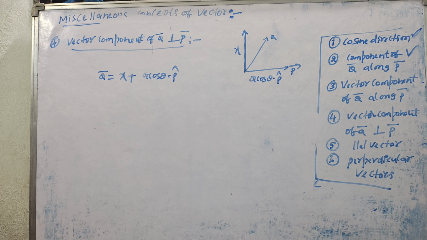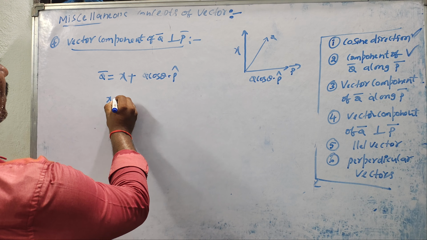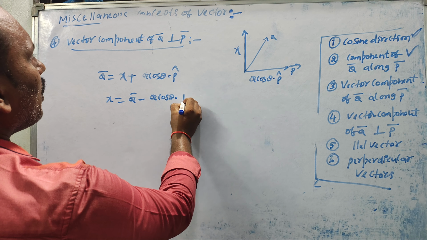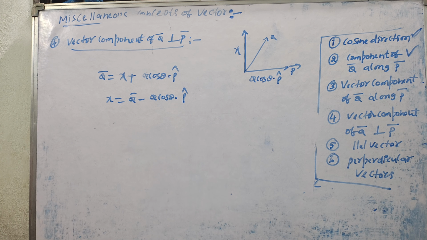I want x. So x is equal to Q bar minus Q cos theta P cap. This is the answer.